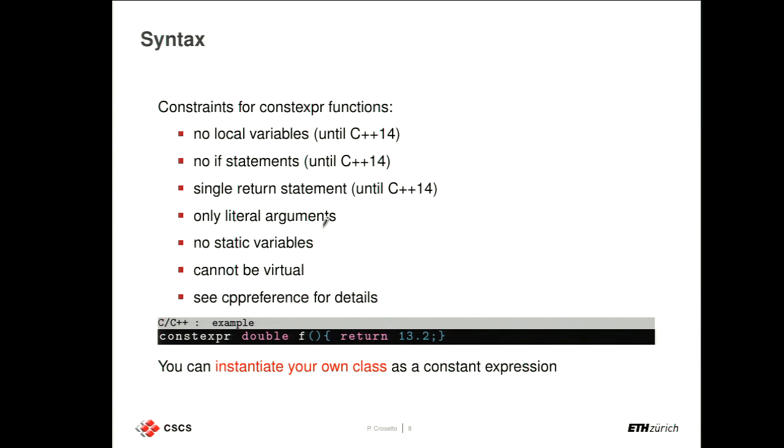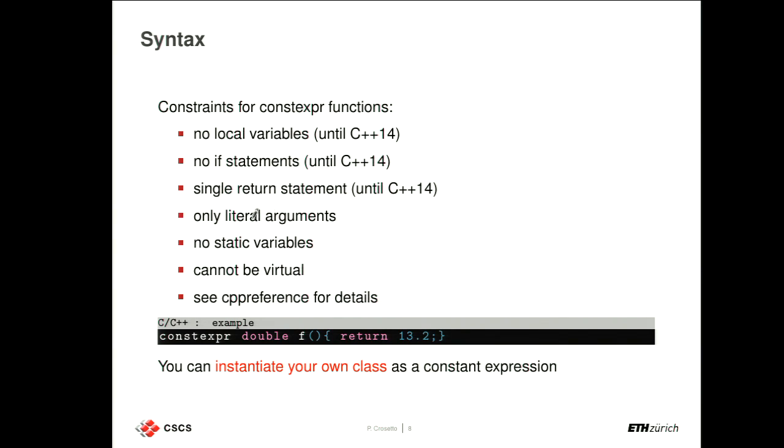The thing which still holds is that the arguments of the function must be literal types. There's a definition on cppreference of what a literal type is. It's very long to put in a slide, but basically, whatever you can instantiate at compile time as a constant expression is a literal type. So integers or aggregates or PODs are literal types, or, as we will see, objects which have a Constexpr constructor are also literal types.